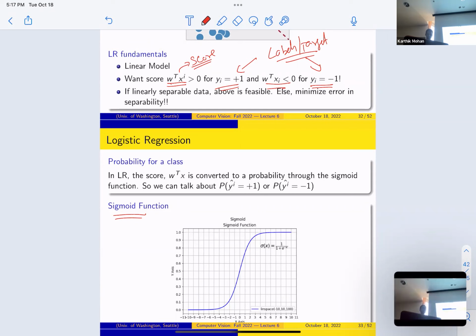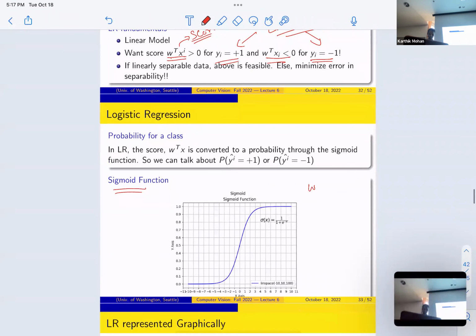So the score, so if you look at W transpose X, what's the range for this for any given X? Let's say Xi. So this is fixed, but this is data point i. What can be the range for this? Minus infinity to plus infinity, right?